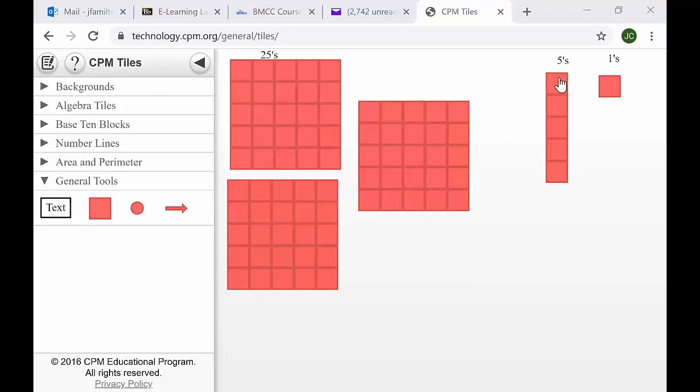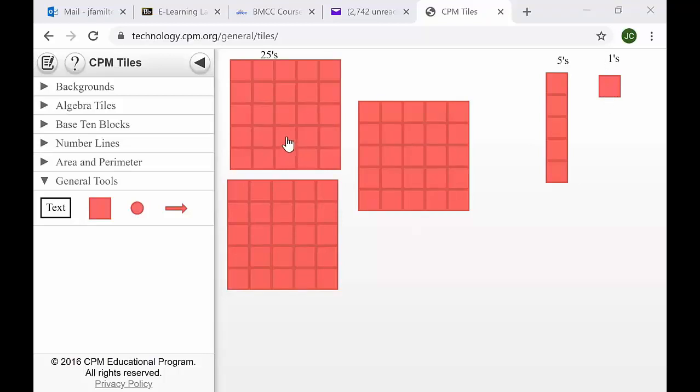Then for the 1, well, it tells us that there's only one base 5 rod. So here I have my 1 base 5 rod. And then finally, in the units, it tells us we only have 1 unit.